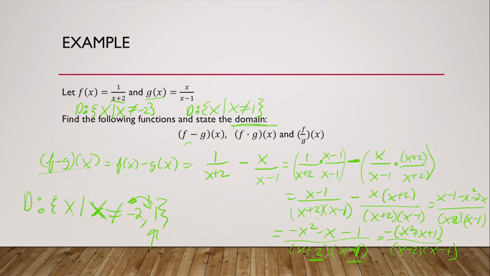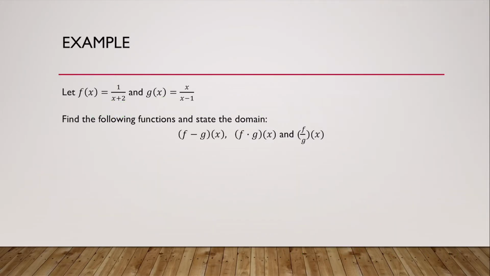Let's go ahead and clear this and try another example and change to a better color. So I've got f times g of x. What's really nice is because these are both rational functions, I can just go ahead and multiply straight across, because when we're multiplying fractions, we multiply the numerators and we multiply the denominators. I'm just going to go ahead and rewrite our domains so we have them if we need them.